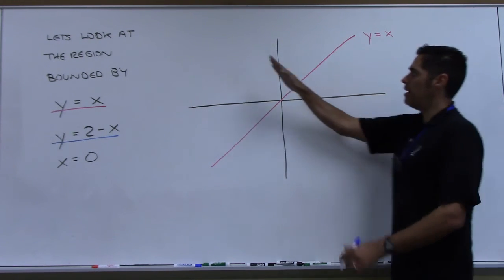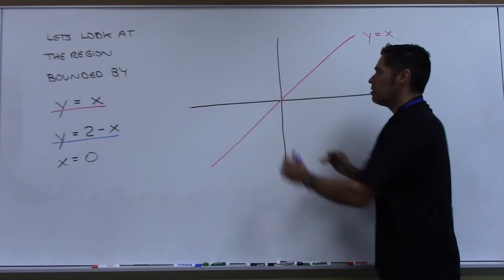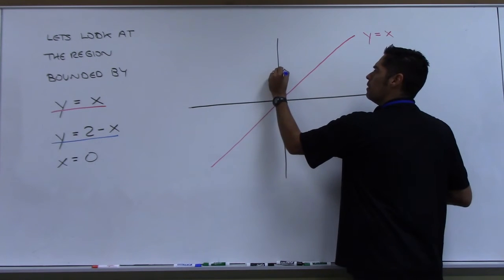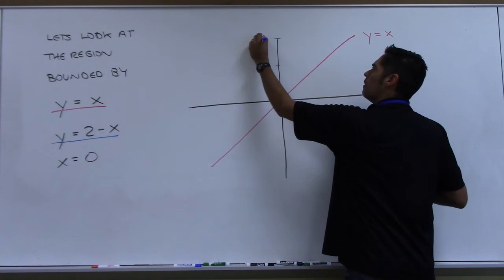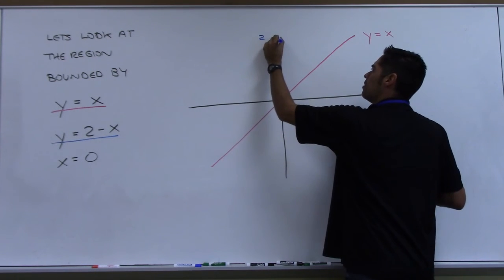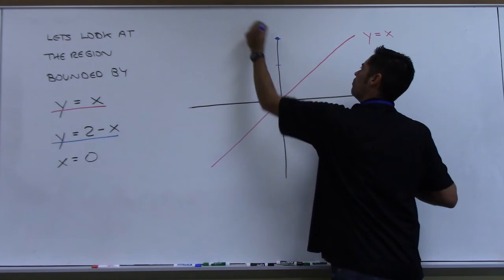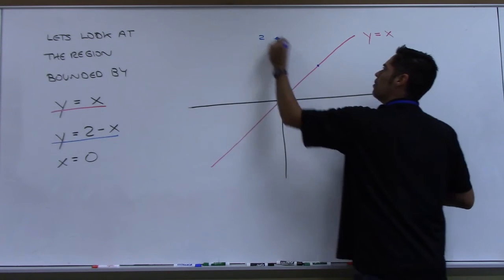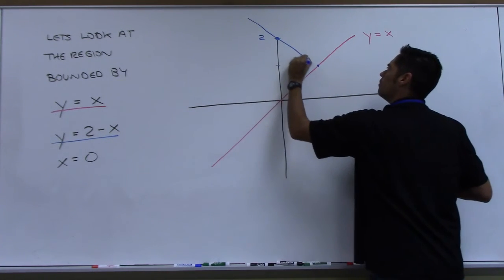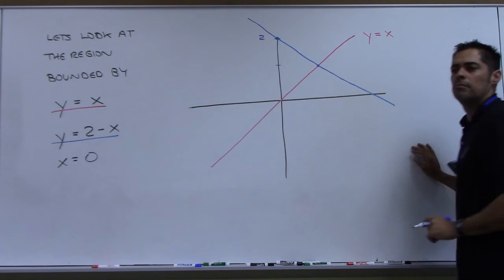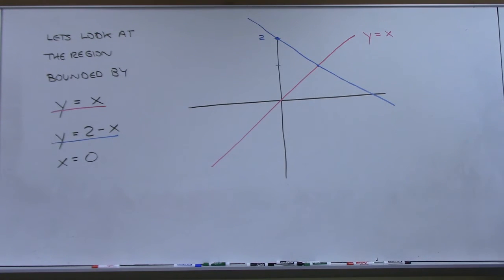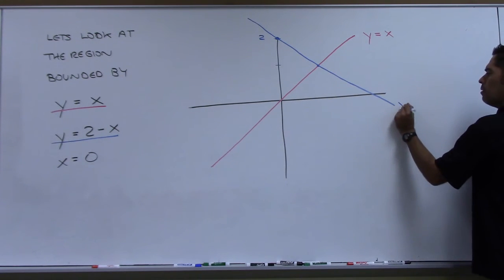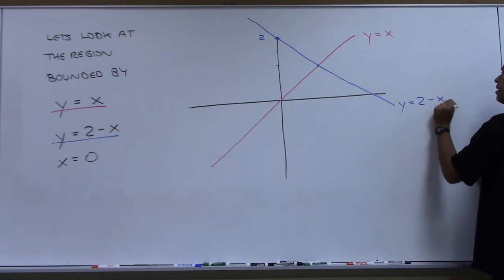Okay, so it's negative x, which is this, but shifted up 2. So I have a y-intercept of 2. And then it goes down 1 over 1. So down 1 over 1, it should hit this one. Like that, yes? And then label it y equals 2 minus x.